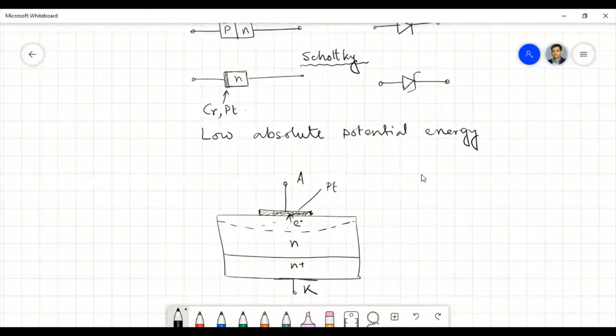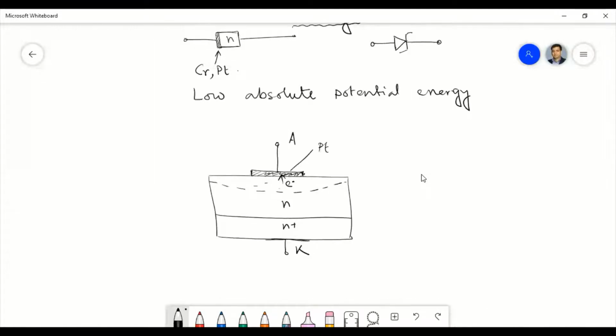But the major difference we'll discuss here is the reverse recovery time, which is the least for the Schottky diode, because there is no stored charge phenomenon.